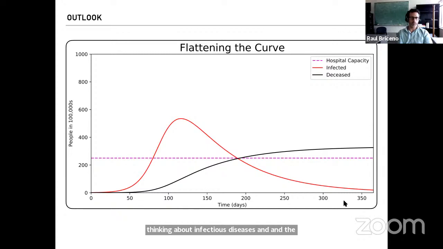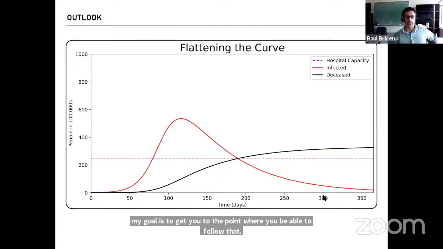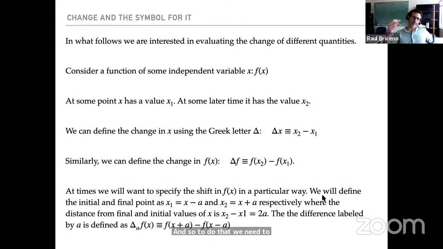Professor Ted Rogers will probably be the one lecturing about that starting next Friday. My goal is to get you to the point where you'll be able to follow that. To do that, we need to start from the basics of calculus.